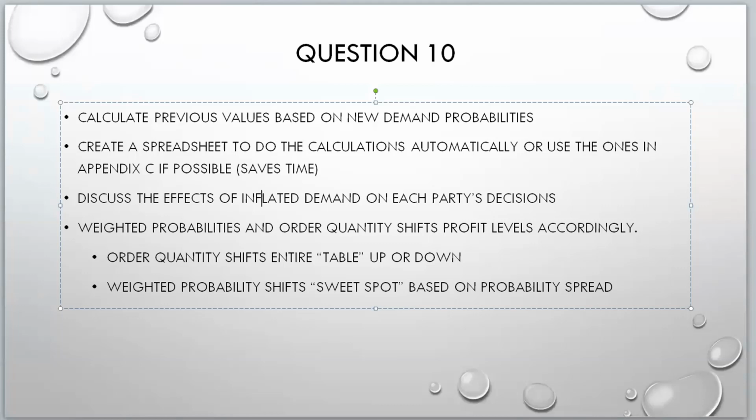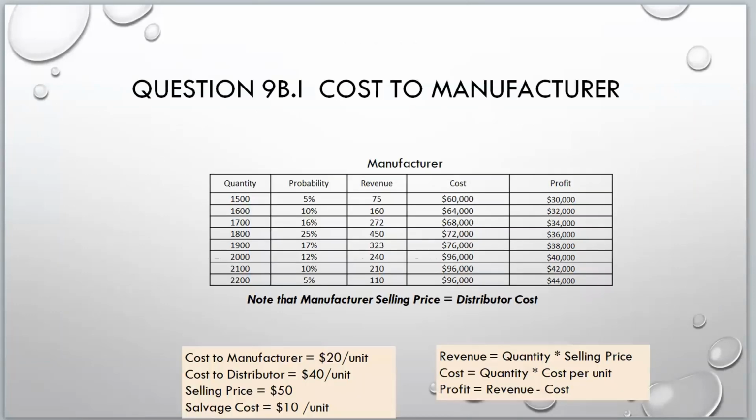So yeah, people get tripped up because they get kind of caught up in the spreadsheet. As long as you understand how each of these items fits into this chart, you should be fine. So, manufacturing cost, distributor cost, which is the selling price for the manufacturer.